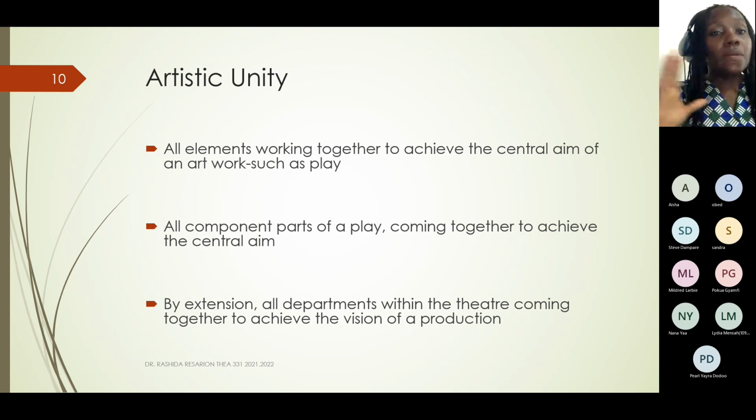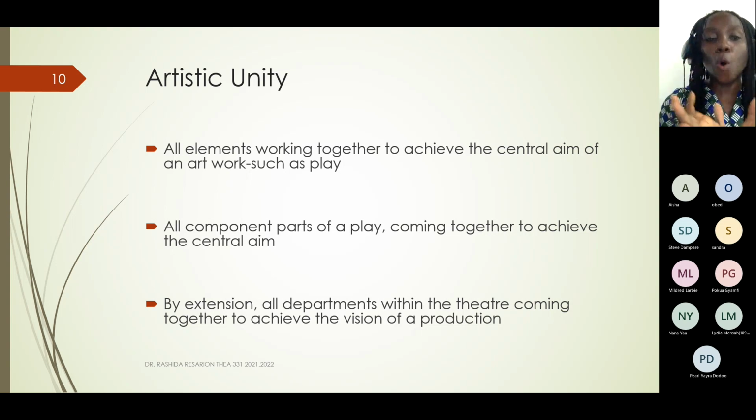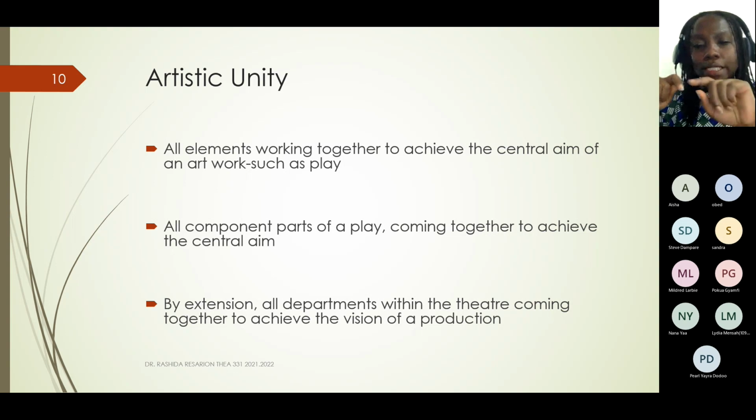All right, so all the elements working together to achieve the central aim of an artwork, such as a play. And so, in this way, we all know that you have to think about achieving one unified whole, even though you are looking at the elements separately. So, analysis separates out by breaking down and then seeing how each element is related to the other.